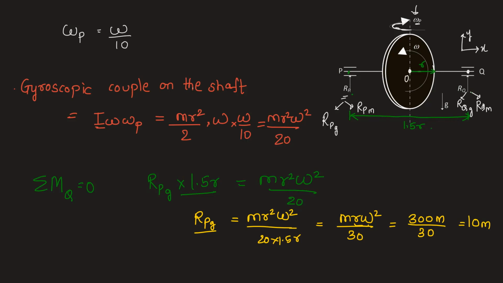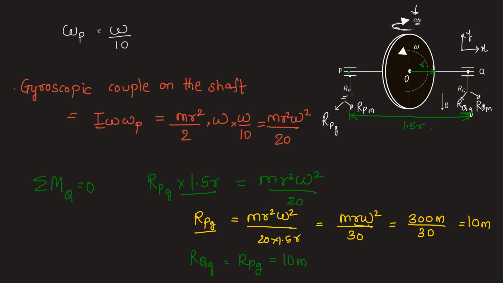Now just considering the gyroscopic effect, Rpg and Rqg should be equal in magnitude because they are creating a couple and there is no other vertical force in this system other than the mass. Mass we are going to consider separately later. So Rqg will be equal to Rpg. They'll be equal in magnitude, of course opposite in direction. So Rq has to be downward if Rp is upward. Rqg is nothing but 10m as well.